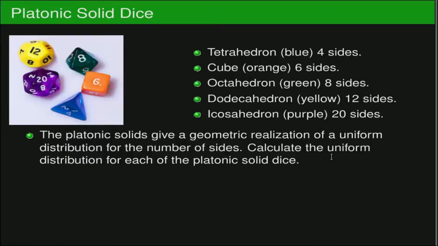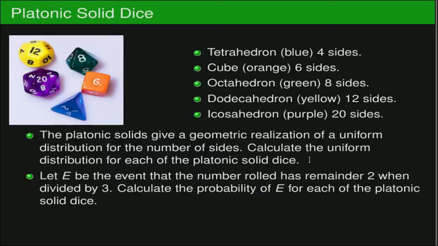So one thing that you can do, I'll leave this as a challenge: calculate the uniform distribution for each one of the Platonic solid dice, but then for the event E that we just defined, where we get a remainder 2 when we divide by 3, calculate the probability of E for each one of the Platonic solid dice.